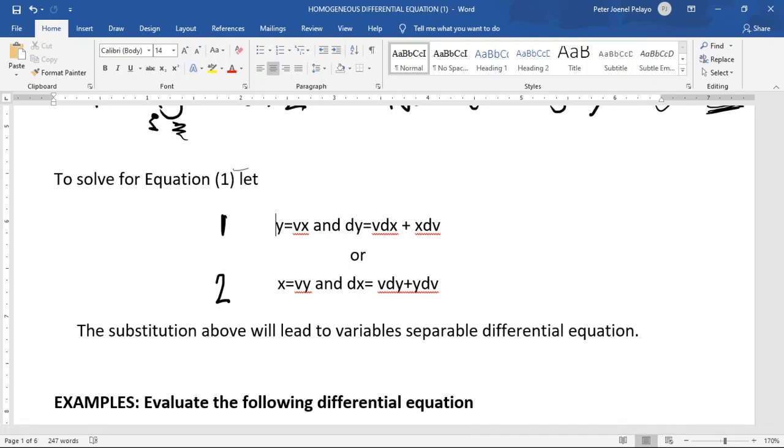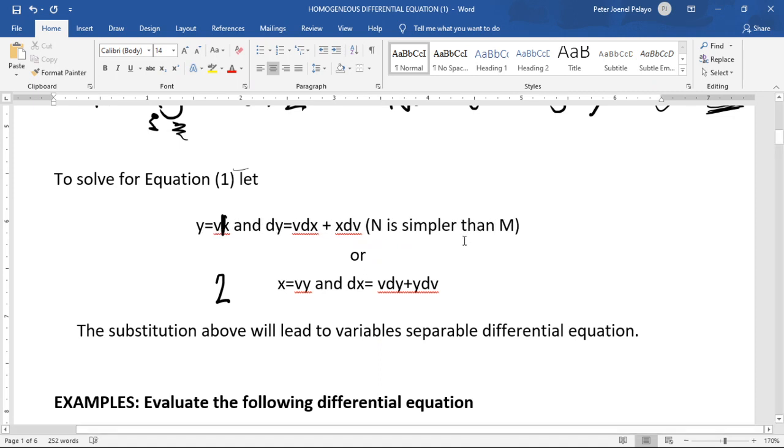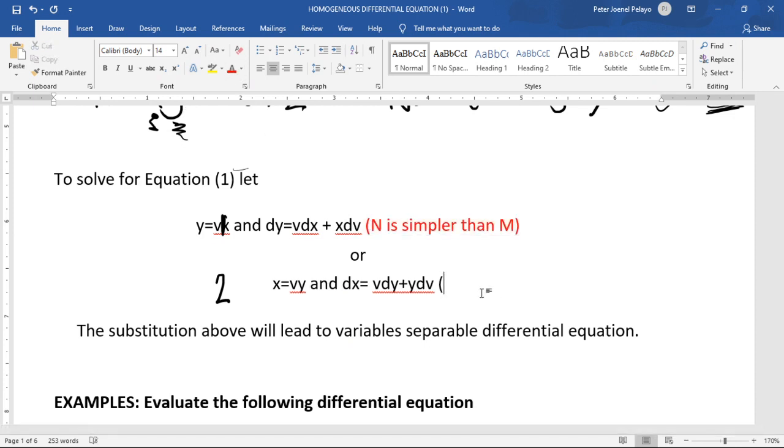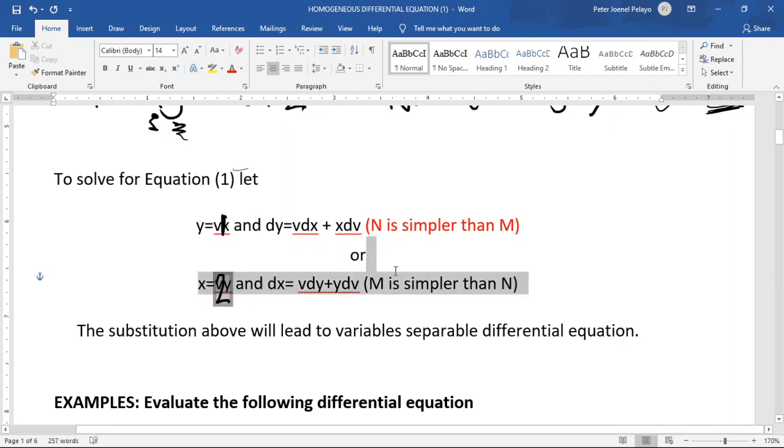Gagamitin nyo si choice 1 kapag n is simpler than m. And then, syempre, choice 2, m is simpler than n. Okay? So, ganun lang yung pagpili niya.